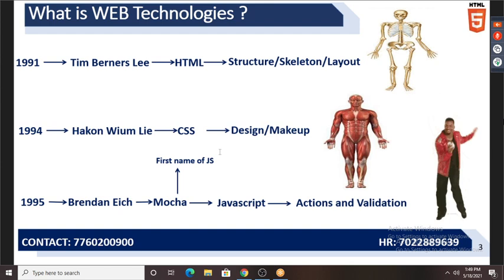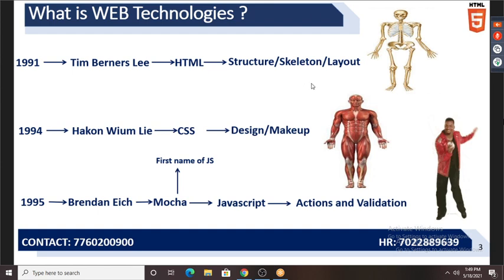So if you want to design, remember this thing. HTML and CSS are the only things which can be used for designing and creating the structure of web applications. No other technologies. If you want structure, HTML only. If you want design, CSS only.